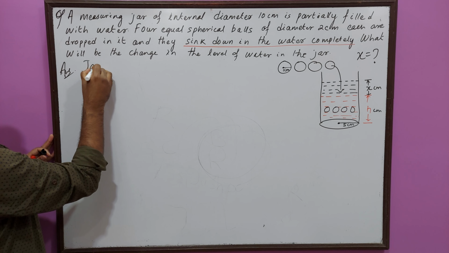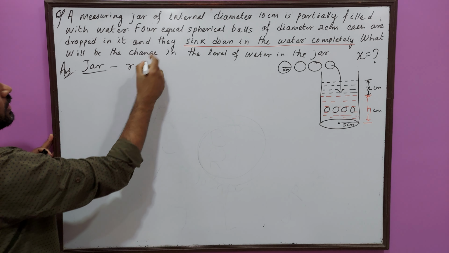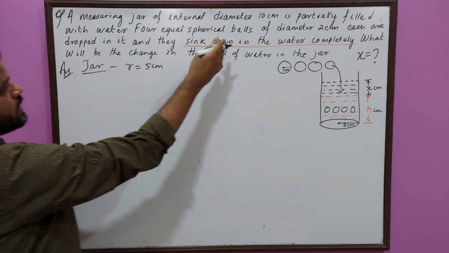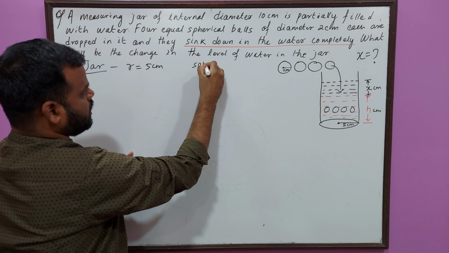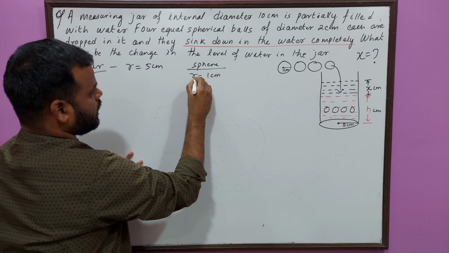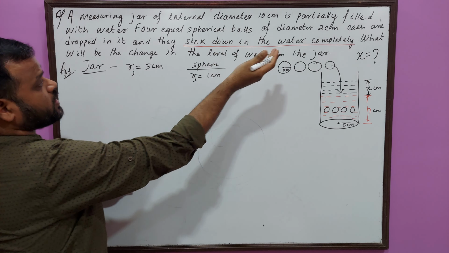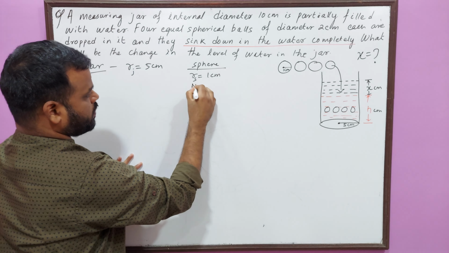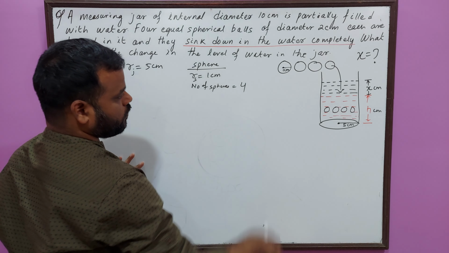The jar is nothing but a right circular cylinder, so its radius is given as 5 centimeter, and the radius of the sphere is given as 1 centimeter. How many spheres are there? 4 equal spheres. Number of spheres is 4.